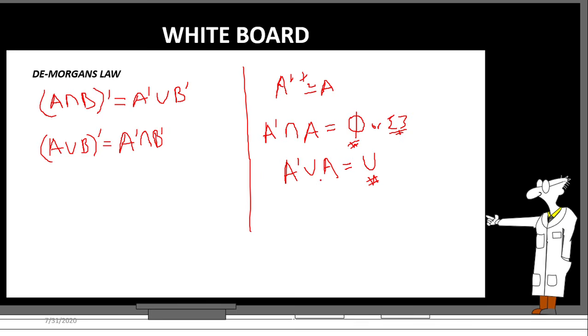We can even prove this concept. Let's give an example. If A is 1, 2, and the universal set is 1, 2, 3, and 4, what is our A complement here?